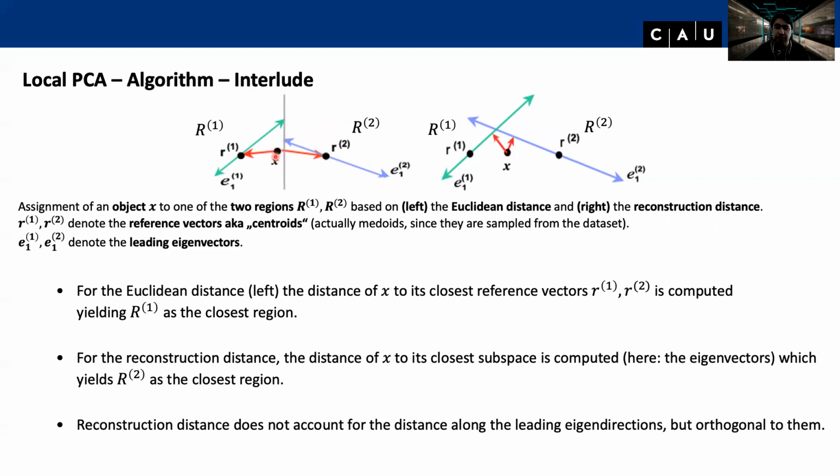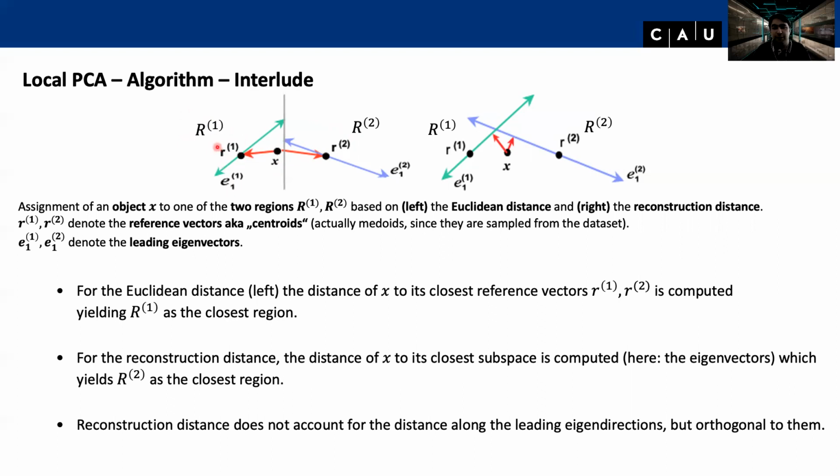Well, we compute the distance of x to R1 and of x to R2. Based on the left-hand figure, we would say x is closer to R1 and therefore belongs to cluster R1.